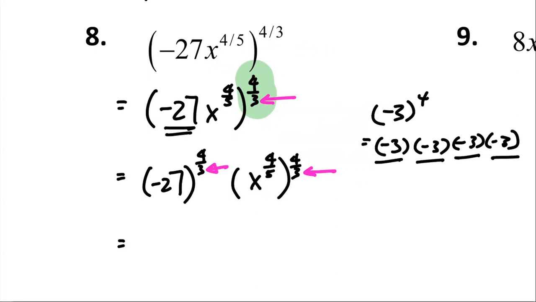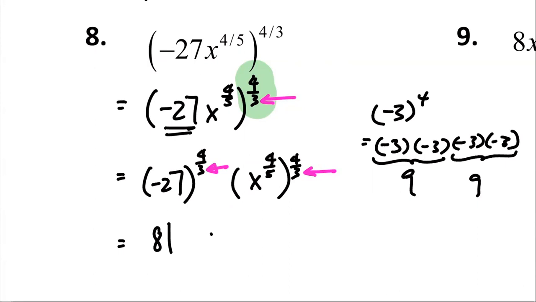That's hard on yourself. What's better? What's negative 3 times negative 3? What's 9 times 9? See how easy it is? So therefore you have 81 over here.